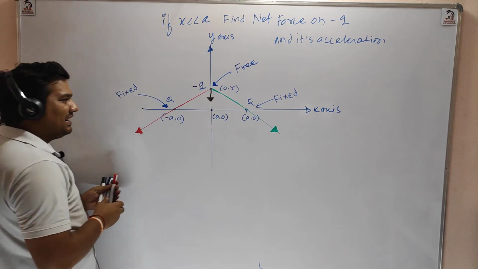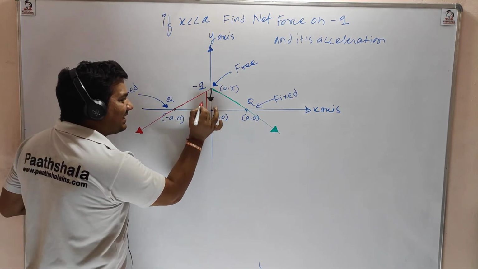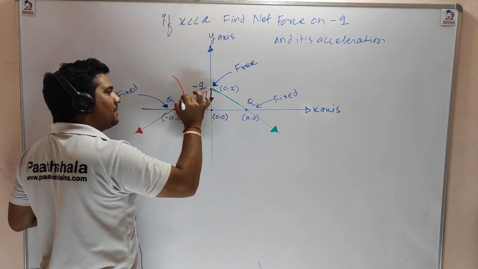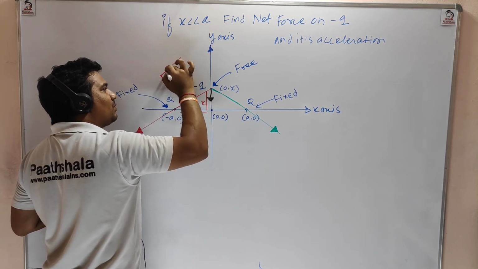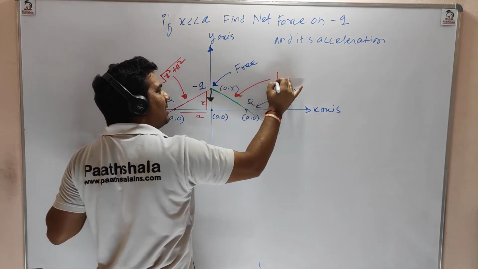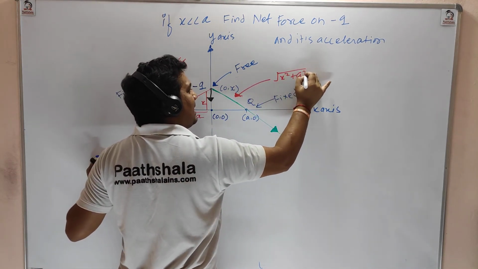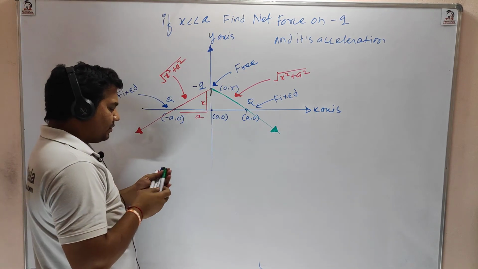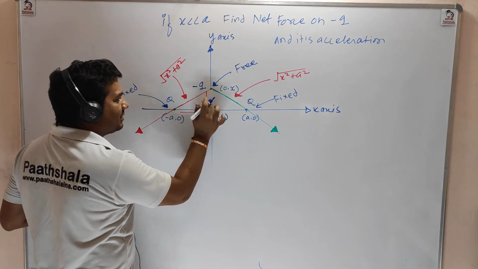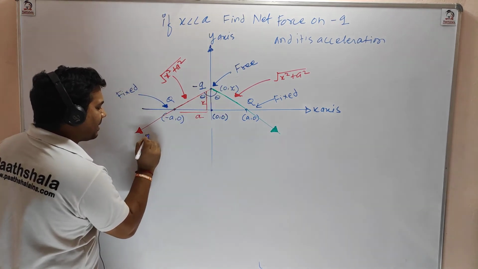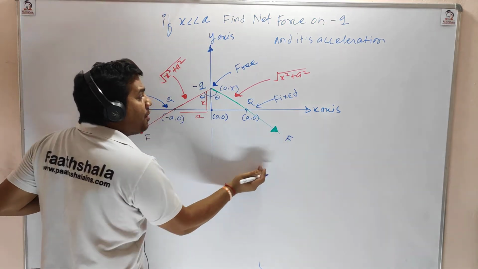If this distance is x and this is a, then this distance is under root x square plus a square. In the same way, this distance is also under root x square plus a square. If this angle is theta, this is also theta. Suppose this is F, so this is also F. Why?